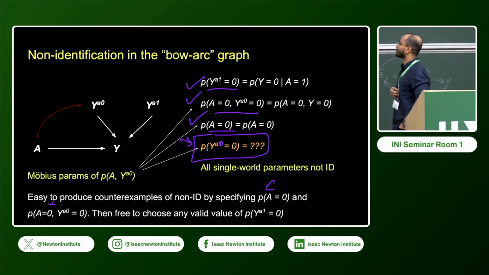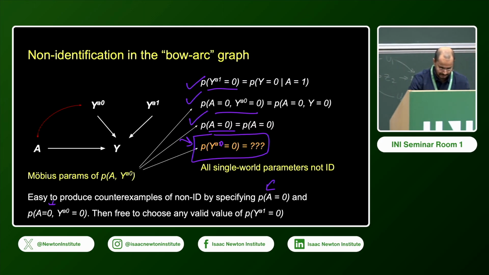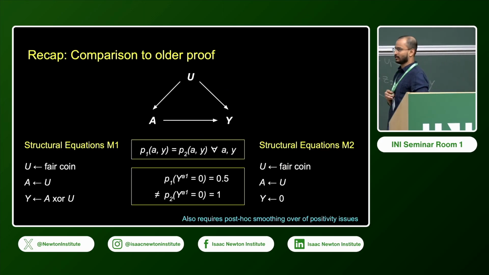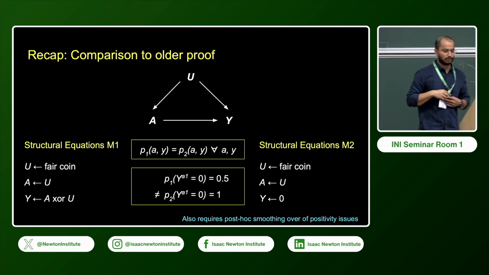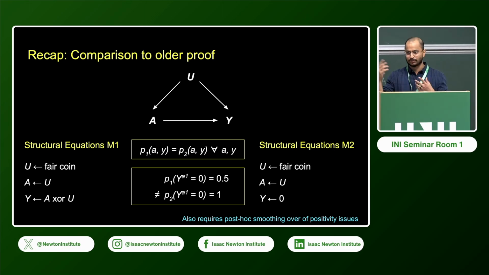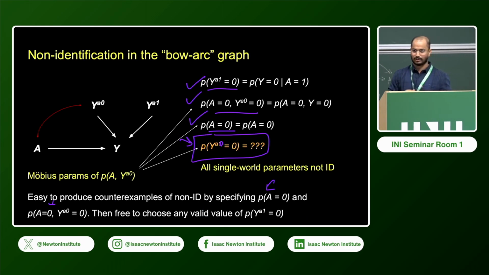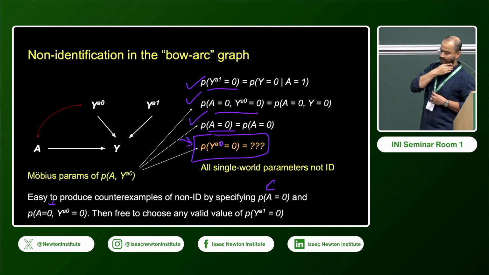This is one way of doing it. And just as a recap, this is a comparison to the older proof, and generalizations of this proof are basically what have been used to prove the completeness of the ID algorithm, but it produces one counterexample as opposed to a set of counterexamples that's based off of this technique.